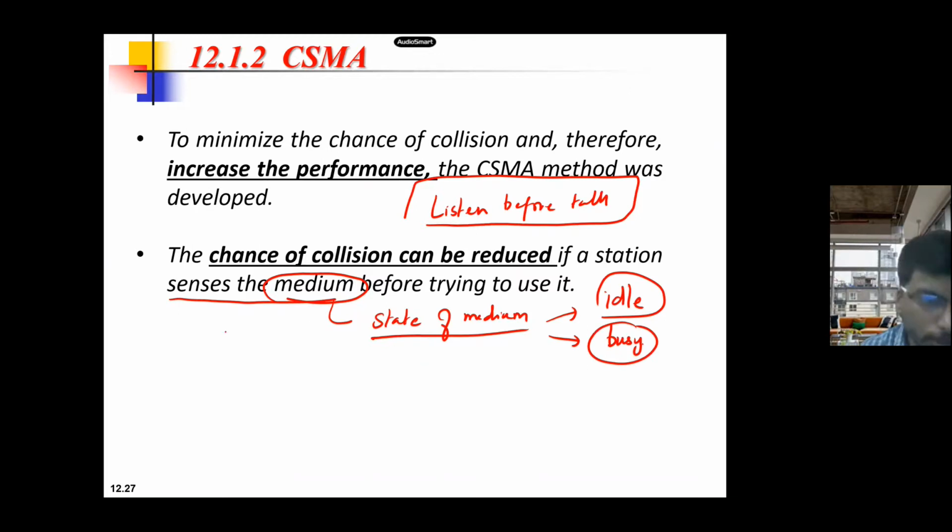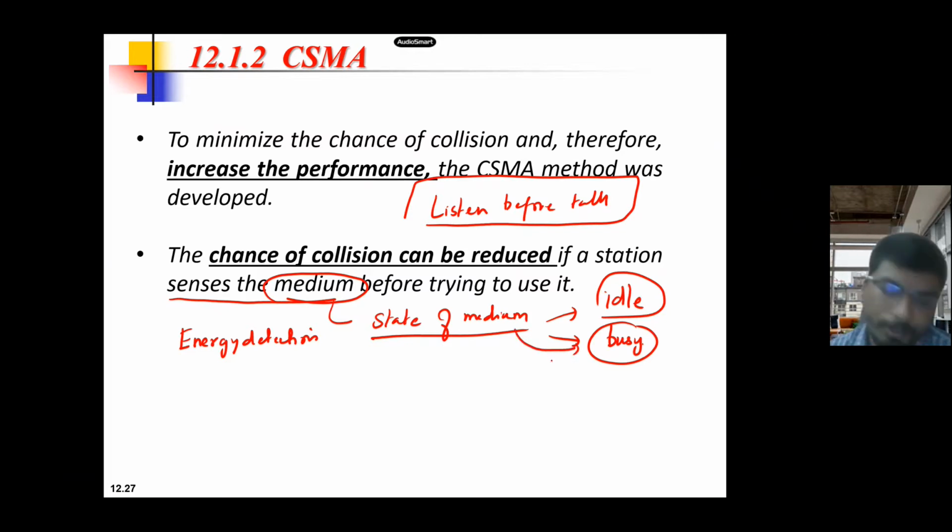So how would you go on to perform this sensing and return the state of the medium? The device is going to do a process called energy detection. What do you mean by energy detection? If you listen in the medium, you sense the medium, you're basically detecting the presence of signal energy. If the signal energy is detected, then you return the state of the medium as busy.